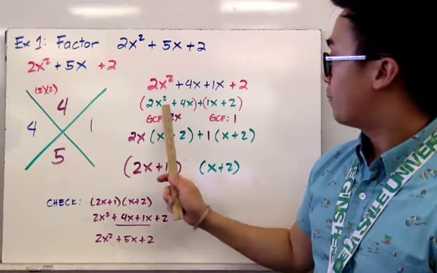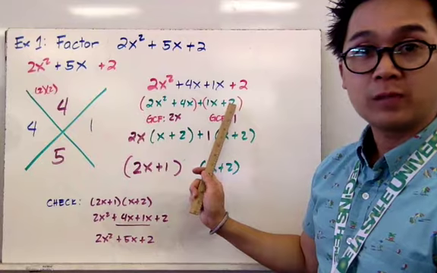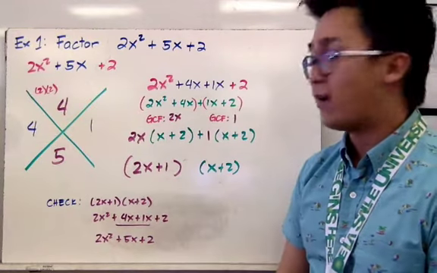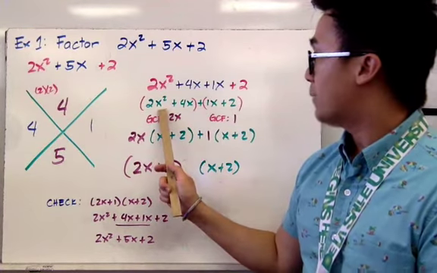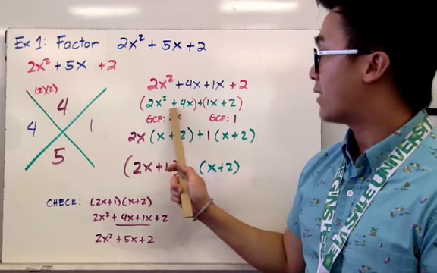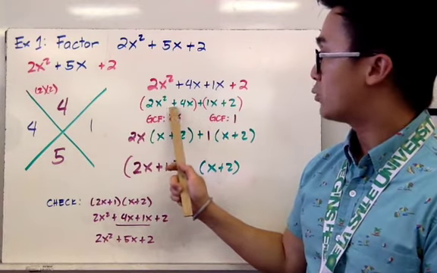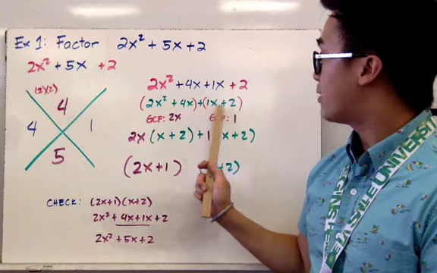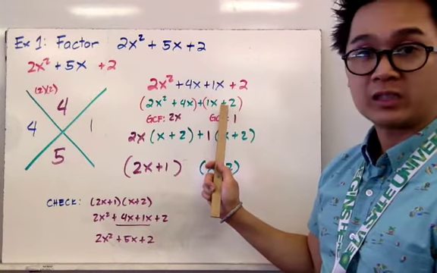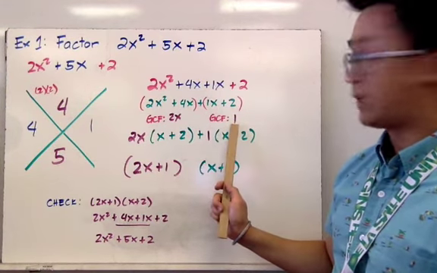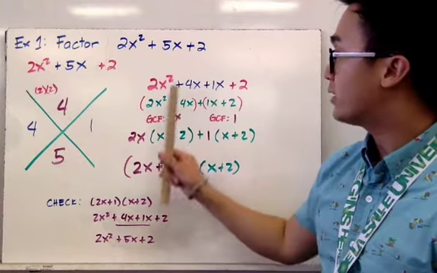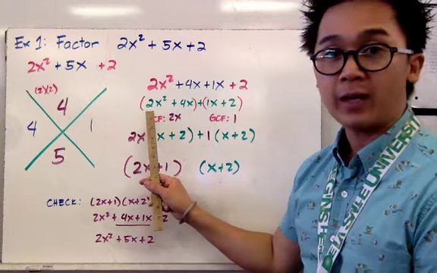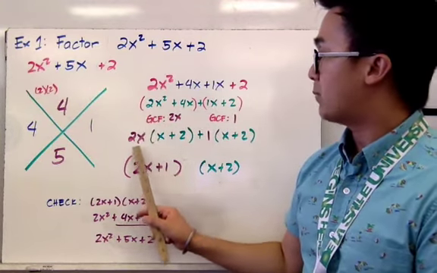In this factoring technique, we now use our GCF, so we can factor out from 2x squared and 4x. The greatest common factor for these two terms will be 2x. And for the second group, our GCF will just be 1. Now let's concentrate on the first group and simplify 2x squared plus 4x by factoring.